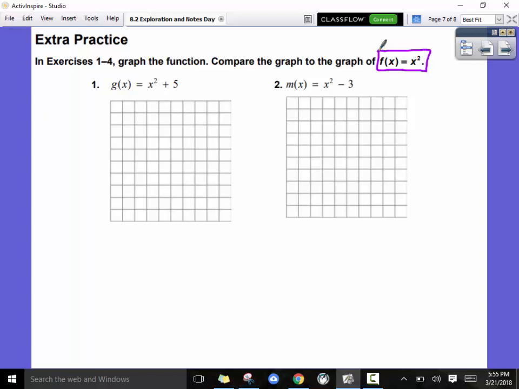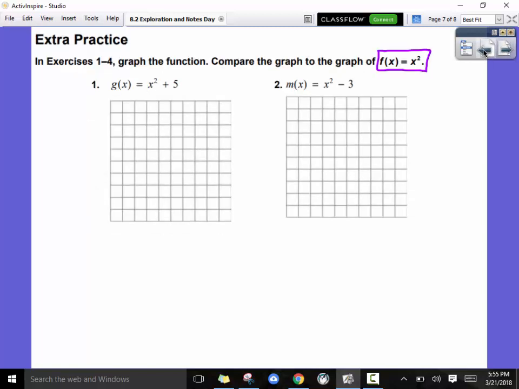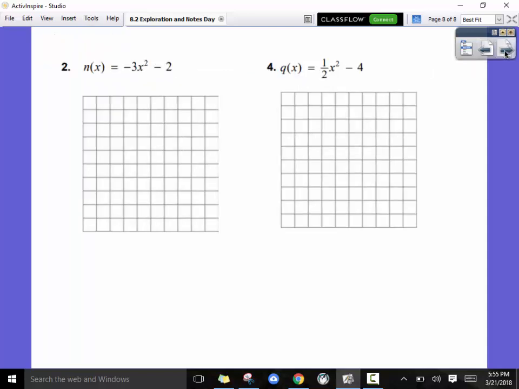You want to describe whether it was a stretch or a shrink, whether it was shifted up or down, and whether it opened up or down. So go ahead and complete number 1, 2, another 2, as well as 4, and write a quick comparison to its parent function. When you have all 4 of these done, go ahead and push play.